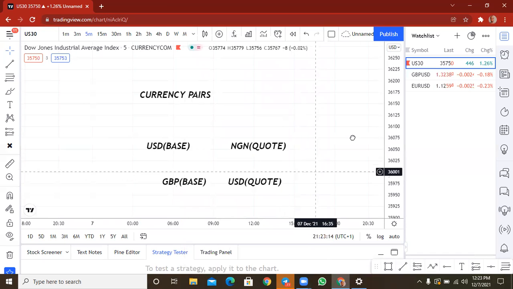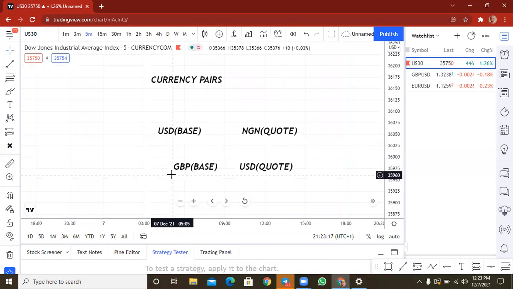Are you seeing this? We have the GBP as a base and the USD as a quote currency. Now, in forex, there's a prevalent rule amongst currency pairs that the higher in value currency comes first and is always seen as the base currency whenever these two currencies are kept together. I repeat, the currency with a higher value is kept as the base currency.